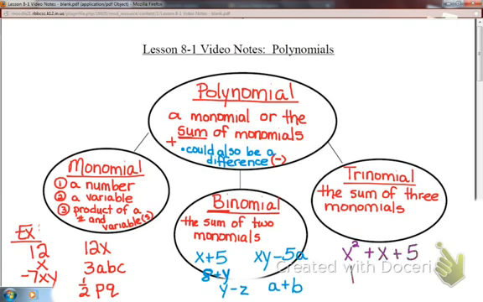There are three terms, 1, 2, and 3, and they are separated by addition signs, and like I said, they could also be subtraction signs. Another example: we can throw more numbers in here and say we have something like 3a plus 2b minus 10. That is also a trinomial.